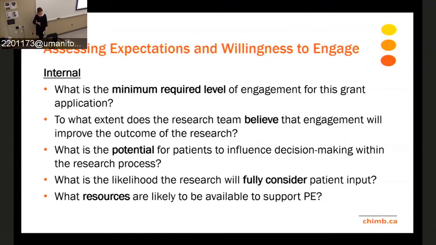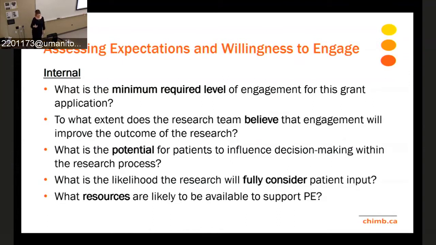So understand that first, then to what extent the team believes that engagement will improve the outcome of the research. It's good to have this conversation and get this understanding. And what's the potential? Really, where can people with lived experience actually influence and have a say in decision making within the research process?